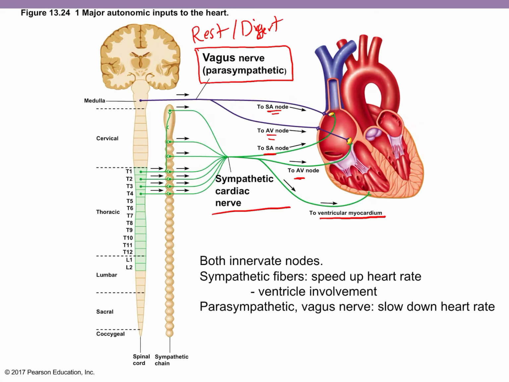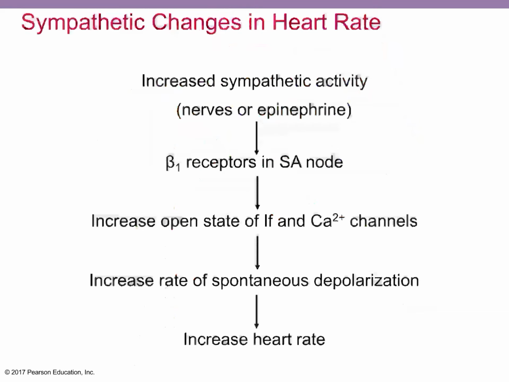So it has a role in innervating separately the myocardium of your ventricles, and that will help to contract the heart muscles more forcefully so that you can get more stroke volume. Sympathetic fibers, of course, will speed up your heart rate. Your parasympathetic fibers, basically the vagus nerve, will slow down the heart rate.